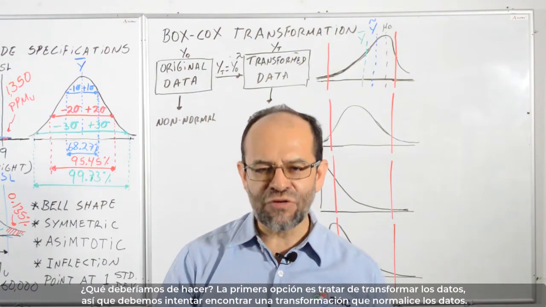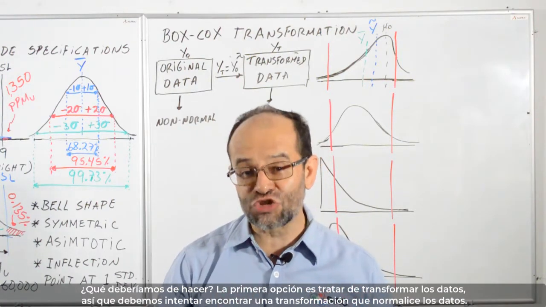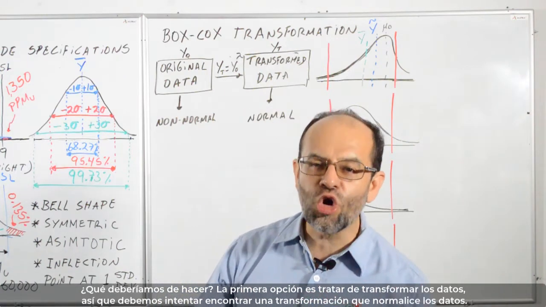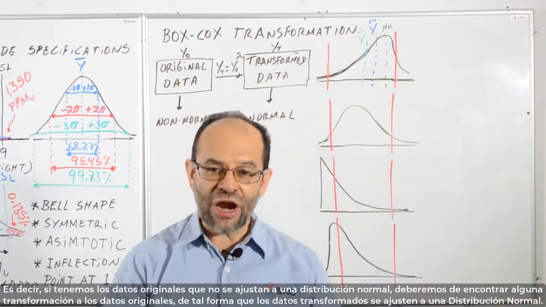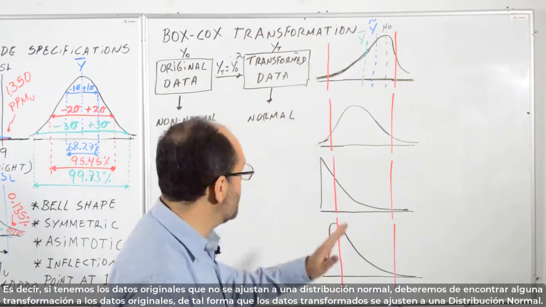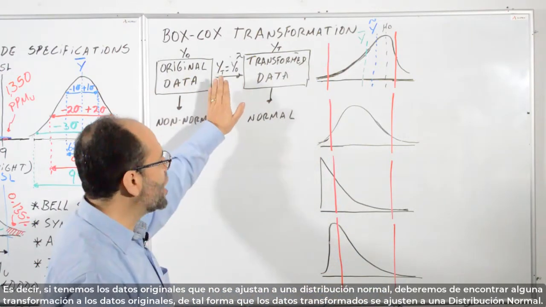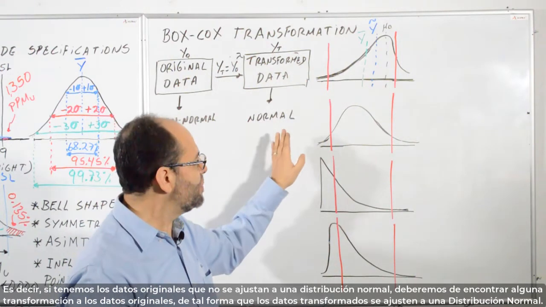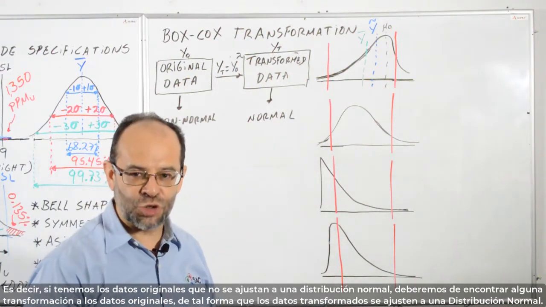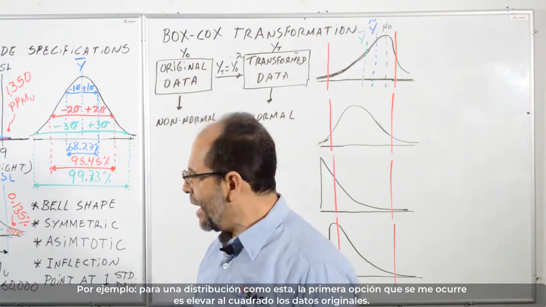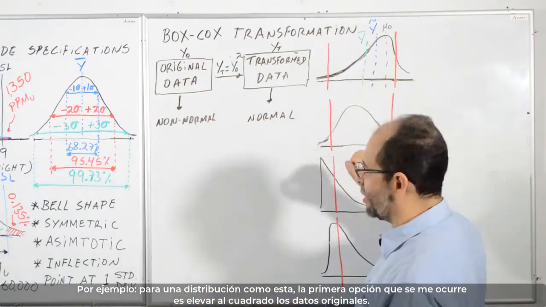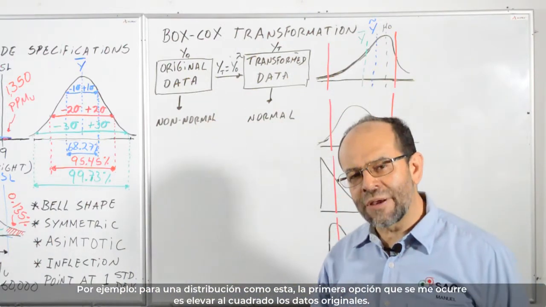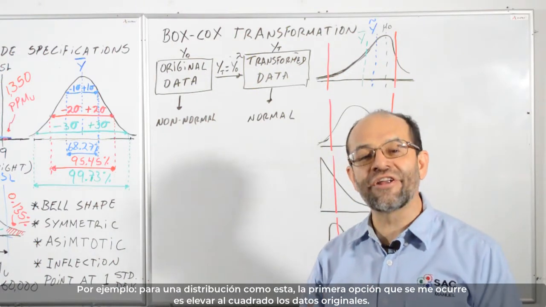Perhaps we can find a transformation that will normalize the data. I mean, we have the original data, which is not normal, and somehow we transform the original data so the transformed data will become a normal distribution. For a distribution like this one, the first option that comes to my mind is to square the terms.